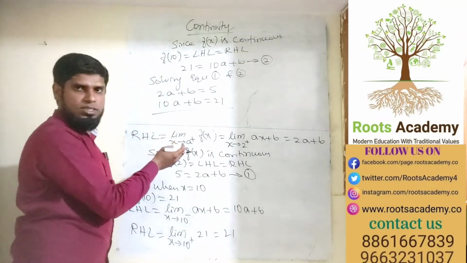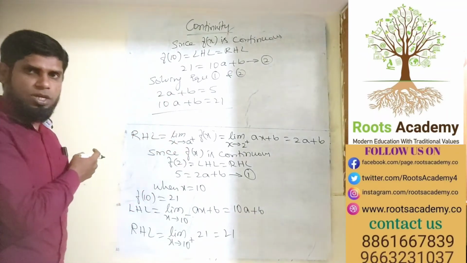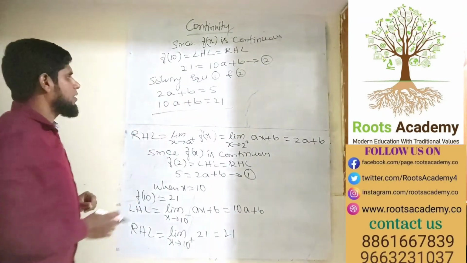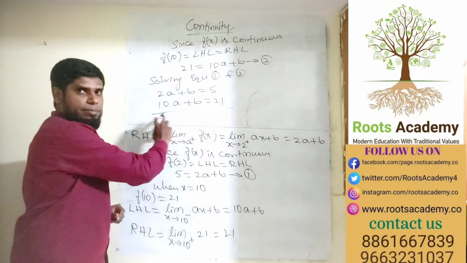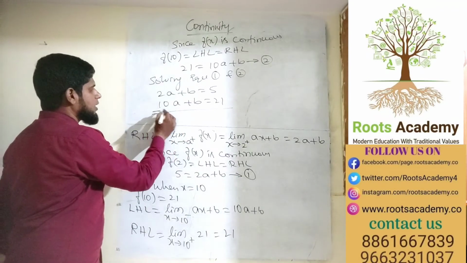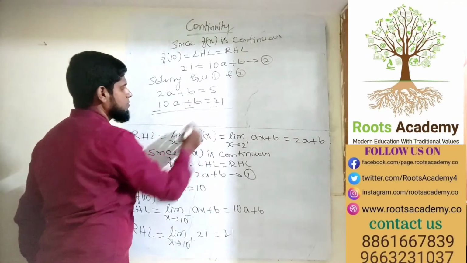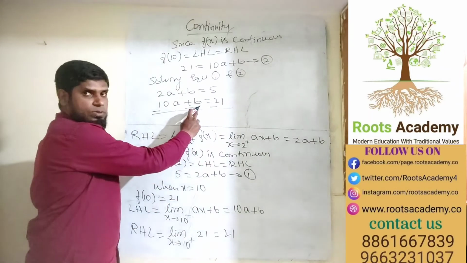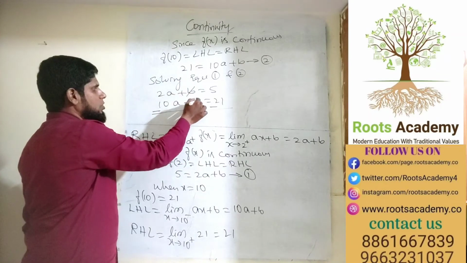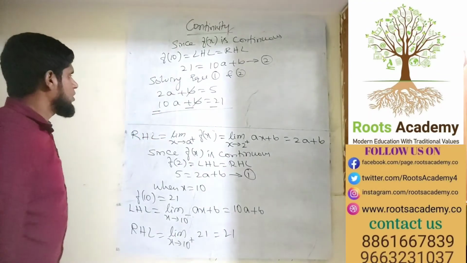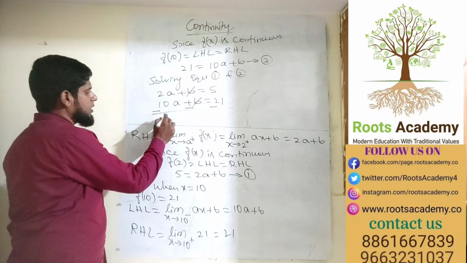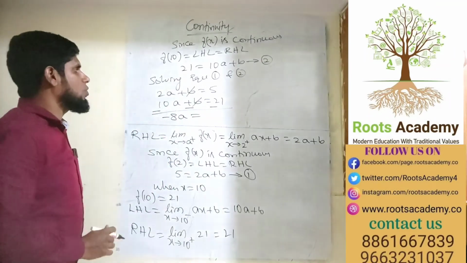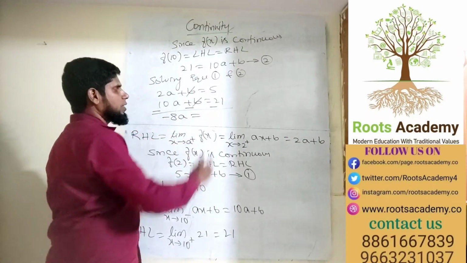This procedure is very old to us. We studied this in our lower classes. How can we solve simultaneous linear equations of two variables? Here the variables are A and B. So let me change its sign, minus, minus, minus. So this becomes minus B and I have plus B here, so these two get cancelled. So 2 minus 10 is minus 8A. That should be equal to 5 minus 21.